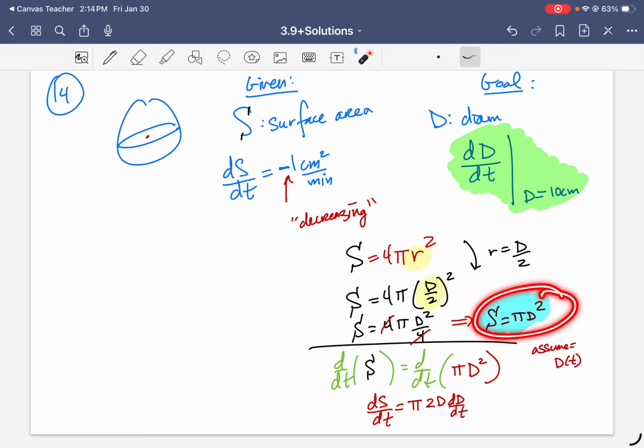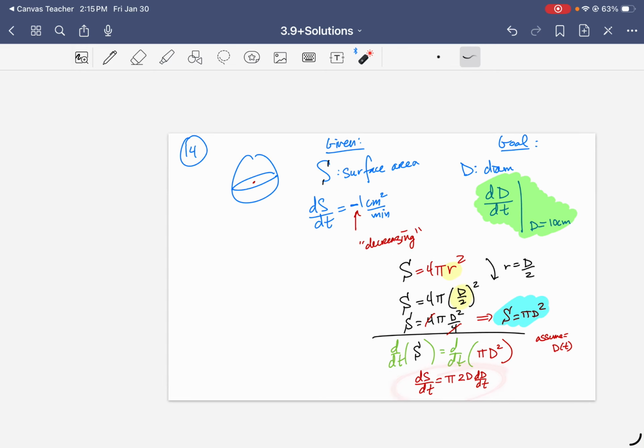So this is a relationship that's going to help me connect change in surface area to change in diameter. If I assume that the diameter changes with time, it's not constant, then when I take a derivative, I pull out pi. The derivative of d squared is 2d times the derivative of d with respect to time via the chain rule. And that's true, right?